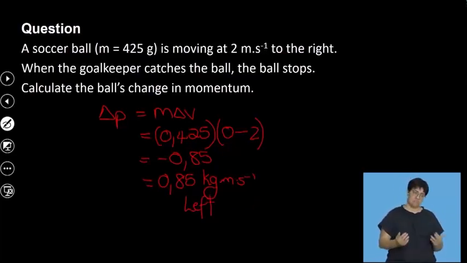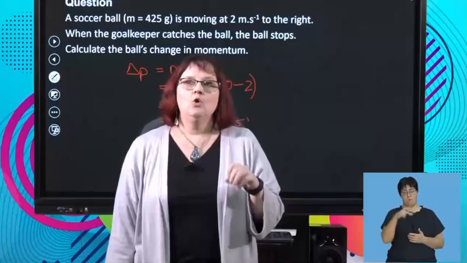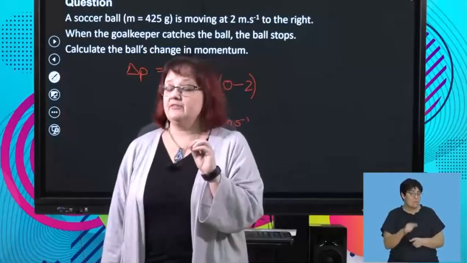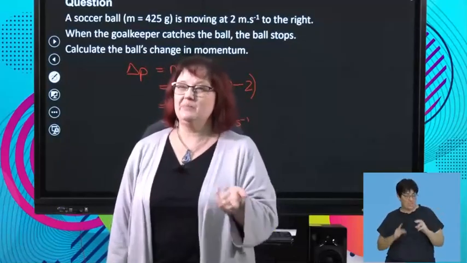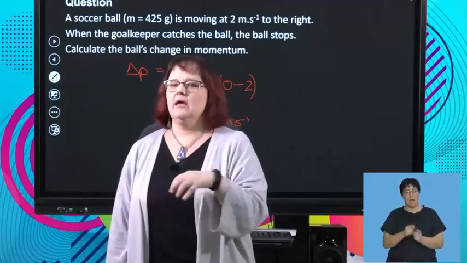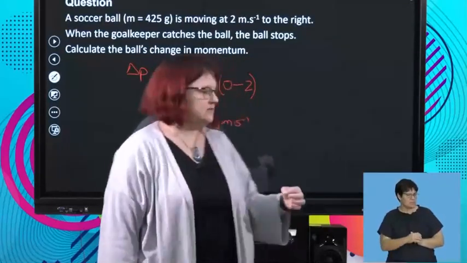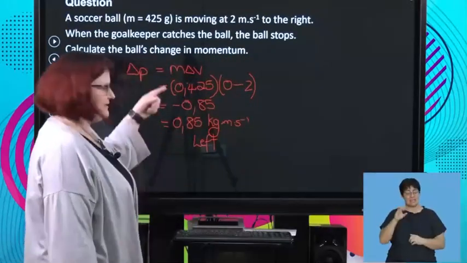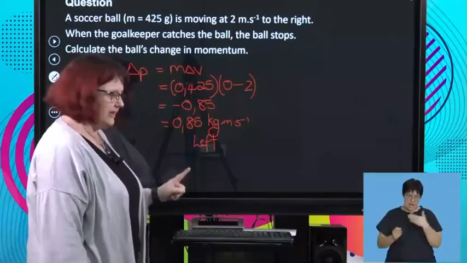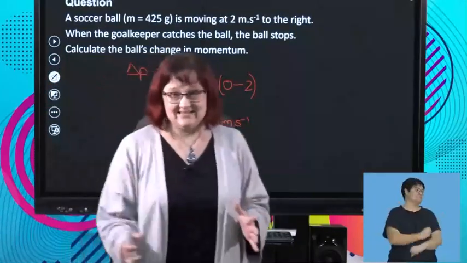Now, we've done Newton's second law in terms of momentum. We also said that the net force would be in the same direction as the change in momentum. That means the net force that's acting on my ball must be to the left, which makes sense.